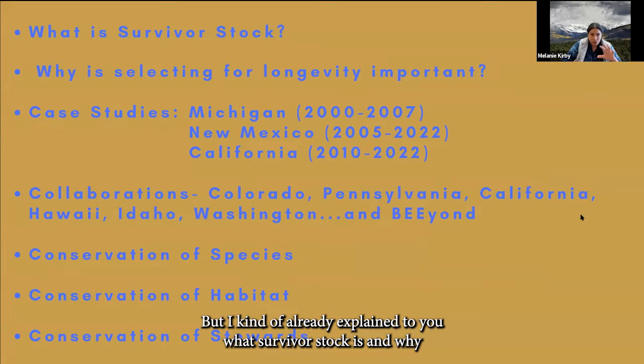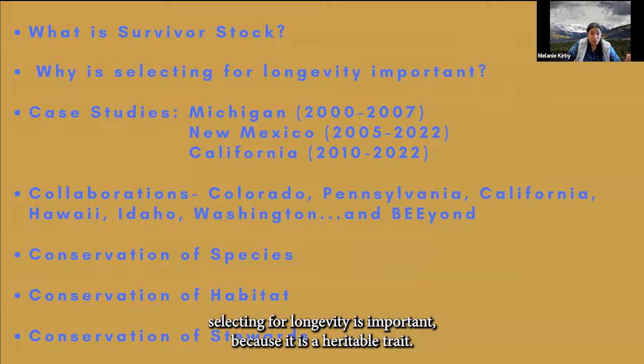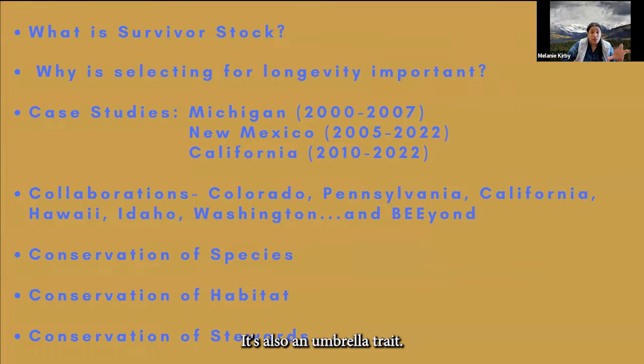I already explained what survivor stock is and why selecting for longevity is important, because it is a heritable trait. It's also an umbrella trait. Over time, you can see if they're pest and disease resistant, hygienic, can overwinter well, can produce well, and whether they remain gentle or not.